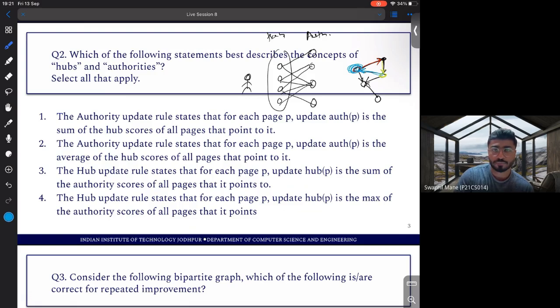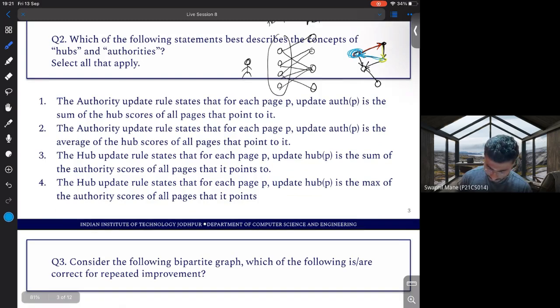We are defining a score, quantifying the authority of that particular page. So for quantifying that page, what exactly are we doing? The sum of hub scores of all pages that point to it.